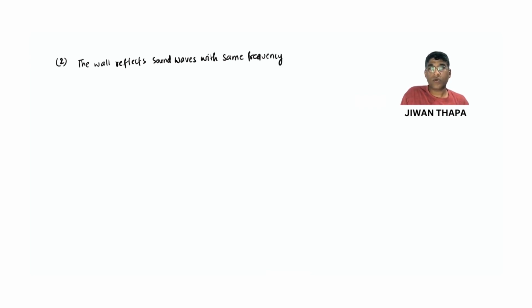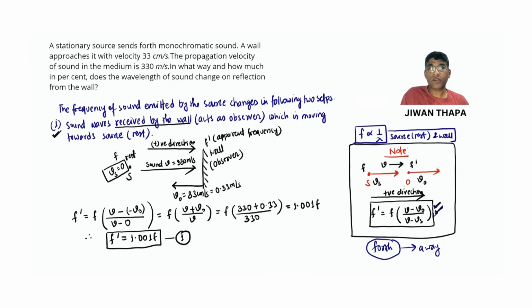So in the previous case, we have the wall or observer receiving sound wave, and the frequency received by the wall is f dash.